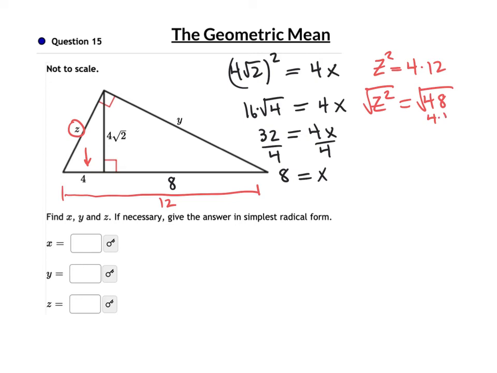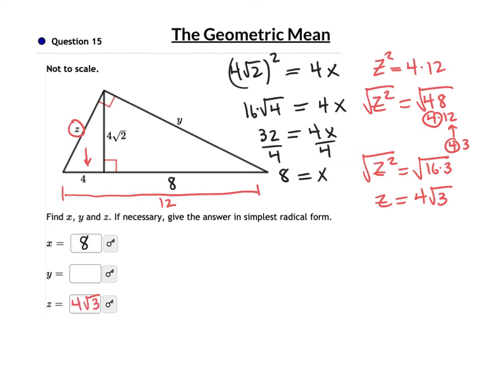Remember how it was 4 times 12, but there was another perfect square in 12 of 4. 4 times 3 is 12, and 4 times 4 was 16. If you multiply two perfect squares, you get another perfect square. So it's 16 times 3. That's what 48 is. And the square root of 16 is 4. 4 root 3 is what I got there then. So z is 4 root 3, and x was 8.